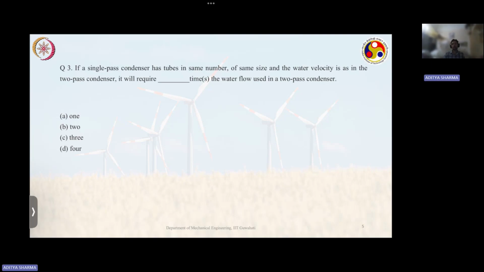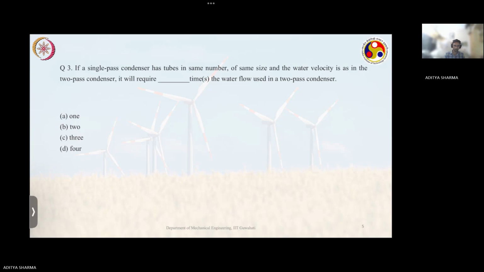So this question demands that we draw a comparison between a single pass condenser and a two pass condenser. So I have earlier briefly discussed what a single pass condenser and a two pass condenser are.